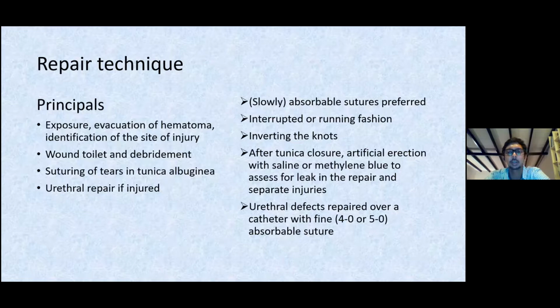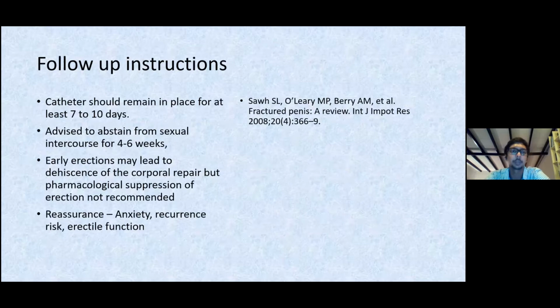Invaginating the knots, and also as I mentioned, you can check for tunical closure with saline or methylene blue injection following the repair, and the urethra can be repaired. It has to be repaired. Follow-up instructions will depend on different surgeons, but the recommendation is basically that the catheter should remain for 7 to 10 days and abstain from sexual activity for 4 to 6 weeks.